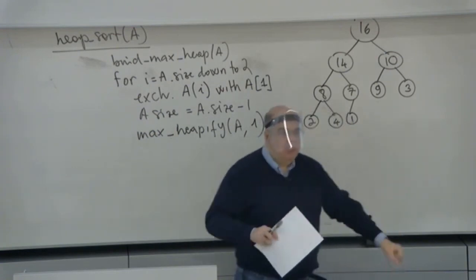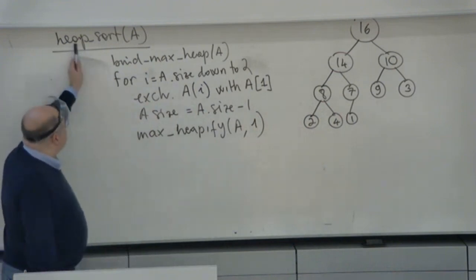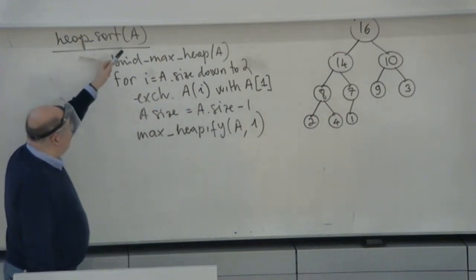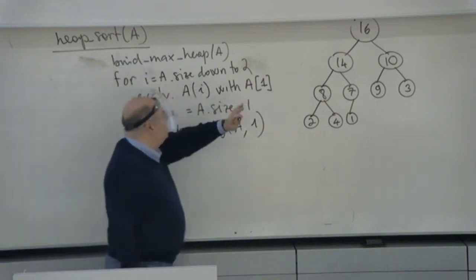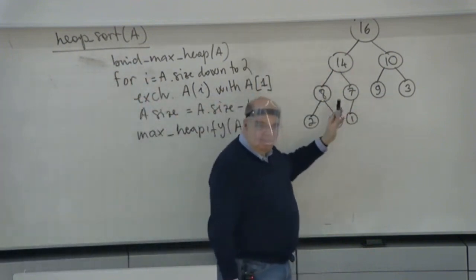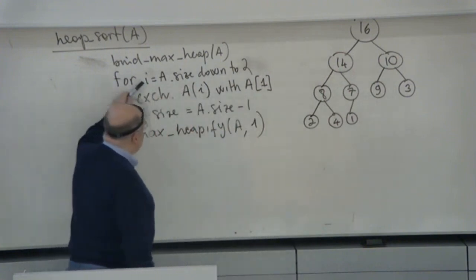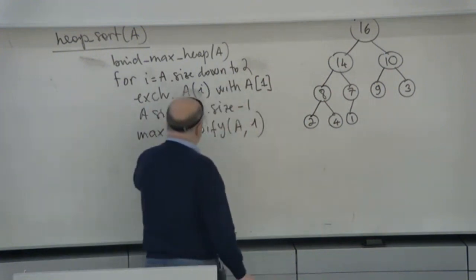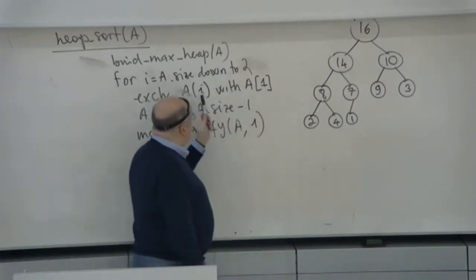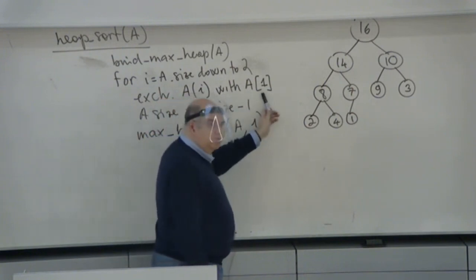So what does the algorithm do? Well, first of all, it transforms the array into a heap, okay? And so you are now in a configuration possibly like this one. And then the first step, you start from the size. So you start from the last one, and you exchange the last one with the first one.